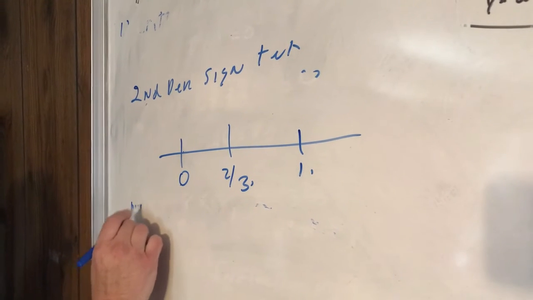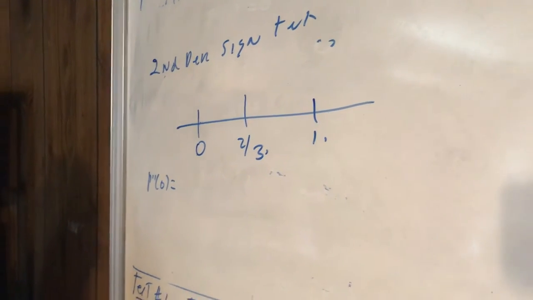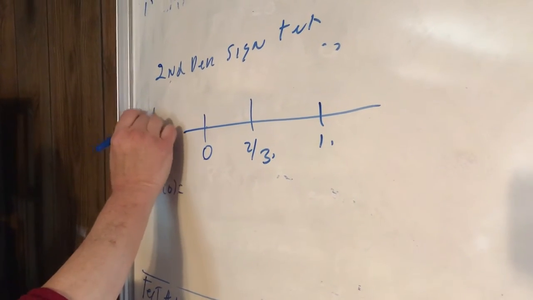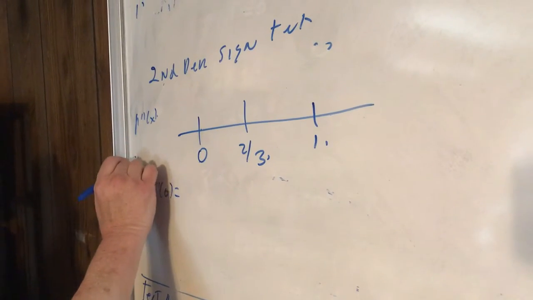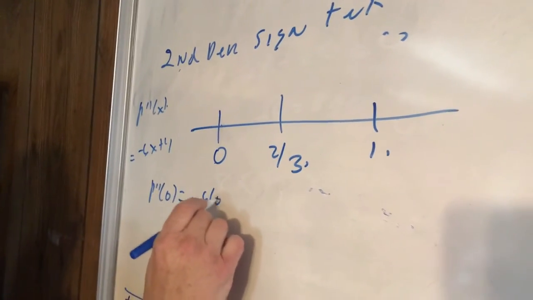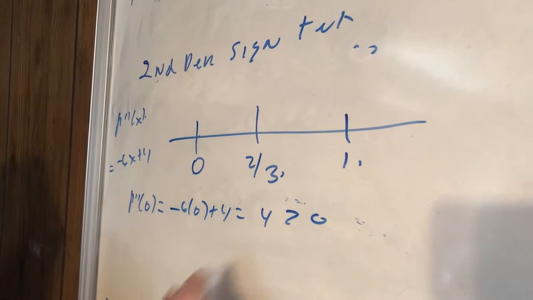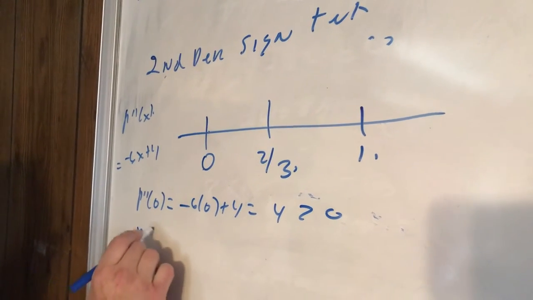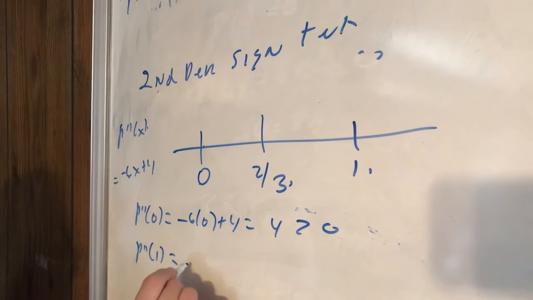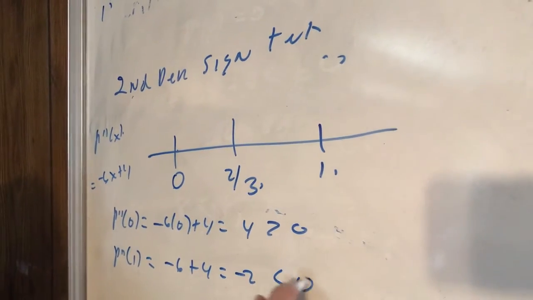So P double prime 0 is going to be, and P double prime x, of course, was minus 6x plus 4. Minus 6 times 0 plus 4, so that's 4. That's greater than 0. P double prime 1 is minus 6 plus 4, minus 2, which is less than 0.